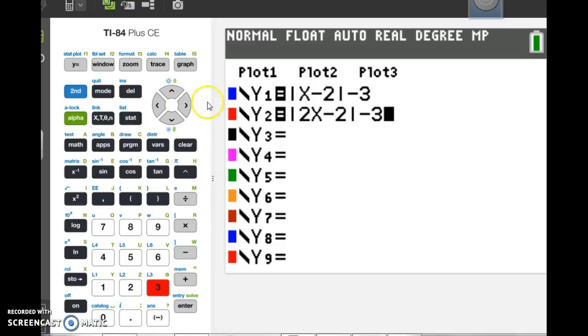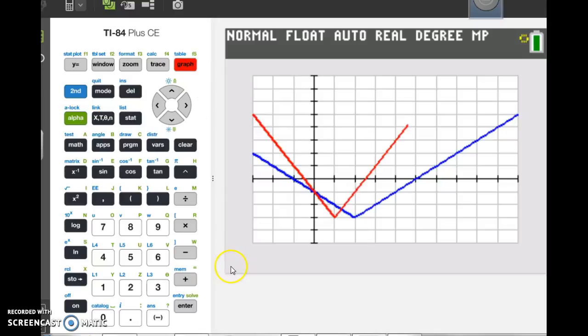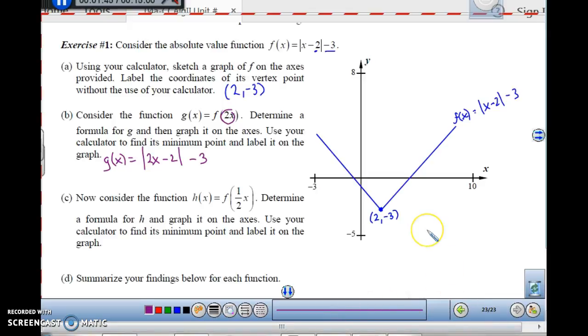Let's see what happens to this function. What happened to that function? Well, it got narrowed and kind of squeezed together, and your vertex moved from here to here. If we put that on our sketch, I'll do it in red so it looks like what's on the calculator. It's going to narrow, and it's going to go kind of like this, and then up like this.